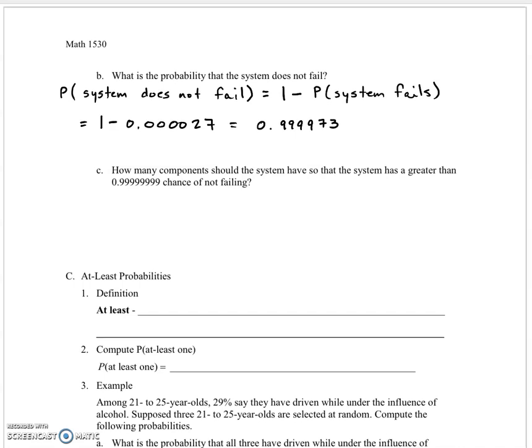So did that make the system safer than if we only had one component doing the job?